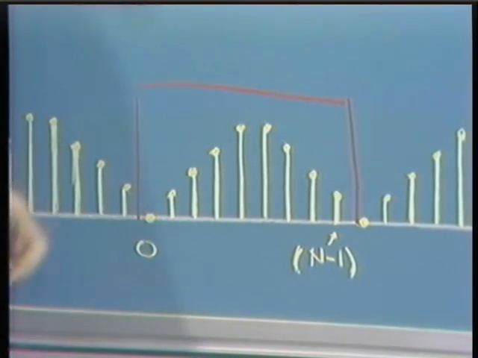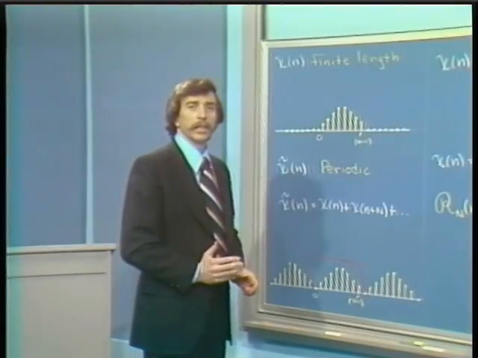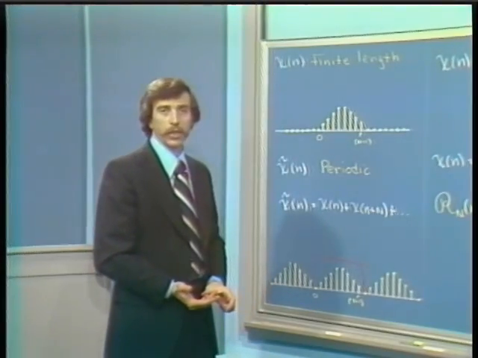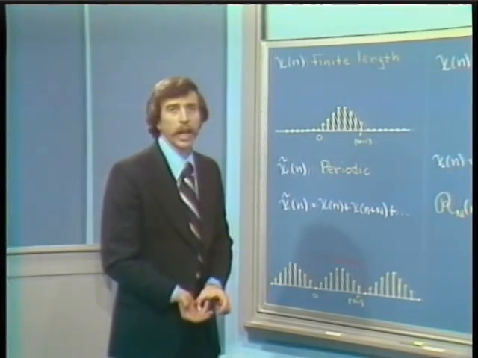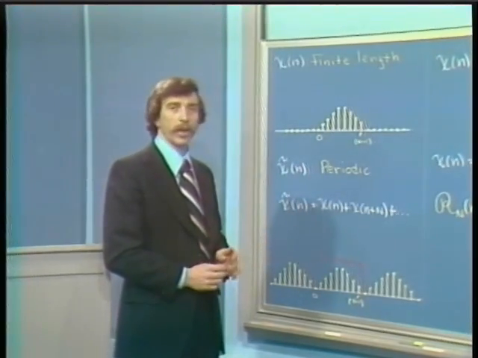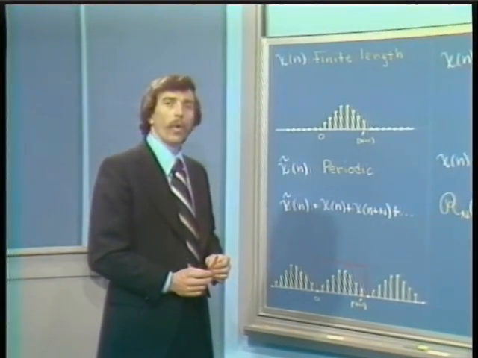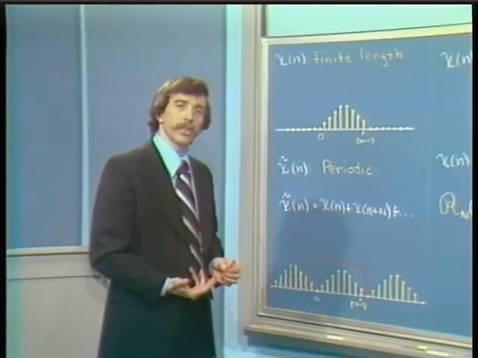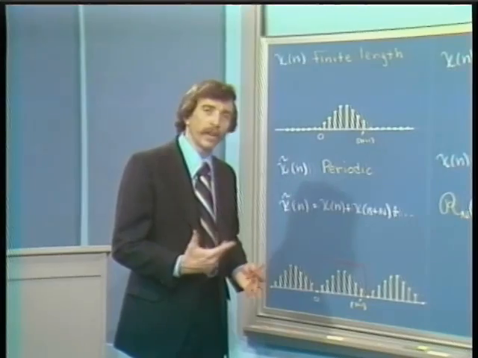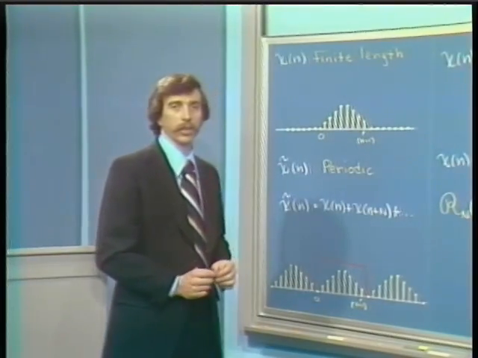Now, there are a couple of important points here. One of them is that if I have a finite length sequence, I can turn it into a periodic sequence. If I have a periodic sequence, I can get back to the finite length sequence simply by extracting one period. What that essentially says is that there really isn't much difference between a finite length sequence and a periodic sequence.